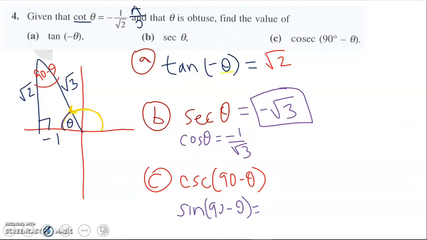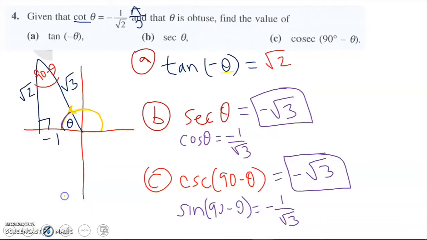So that would mean negative 1 over square root of 3, which for cosecant just ends up being negative square root of 3. As you can tell, B and C are the same thing. Remind yourself why that is. Remember, sine of 90 minus theta, that's one of the identities we learned earlier in the year.